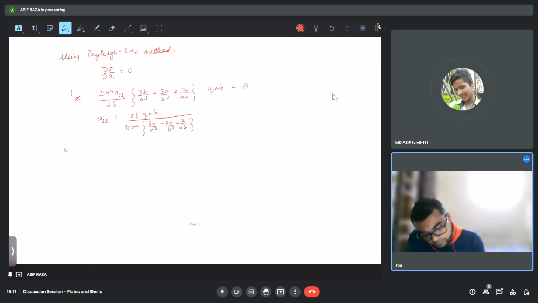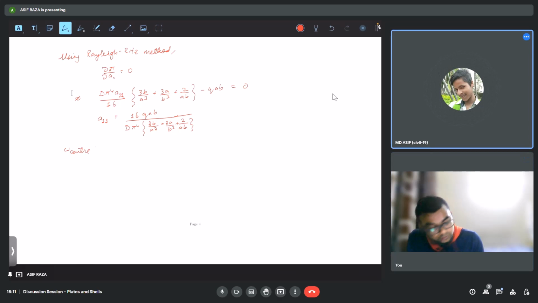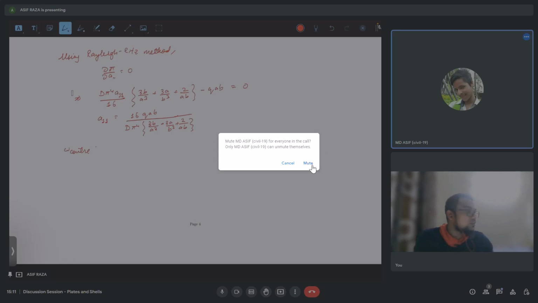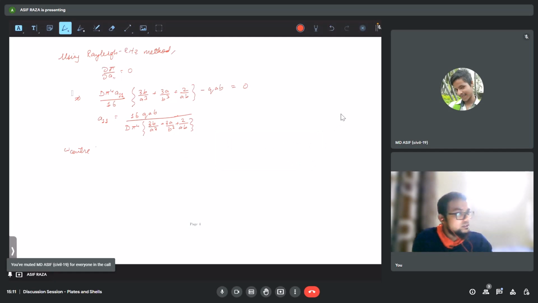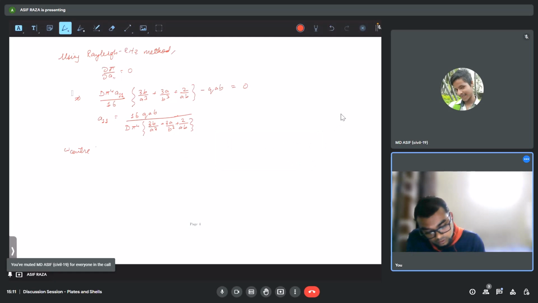So w at center is equal to a11, that is 16 qab upon D pi to the power 4 times (3b by a cubed plus 3a by b cubed plus 2 upon ab).